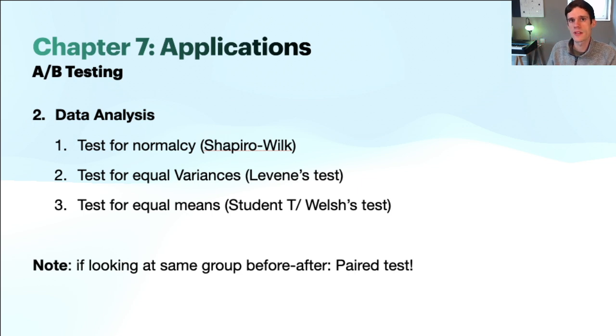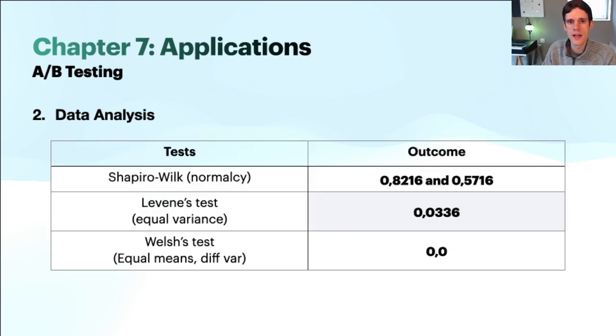And therefore, to test equal means, we use the independent statistical t-tests. Now, if we were looking at the same group of people before the new feature and after the new feature, then we would have to make sure that we were using the paired statistical tests. But that is not the case here, but it's something to keep in mind if you do this analysis on your own dataset. So let's look at the results.